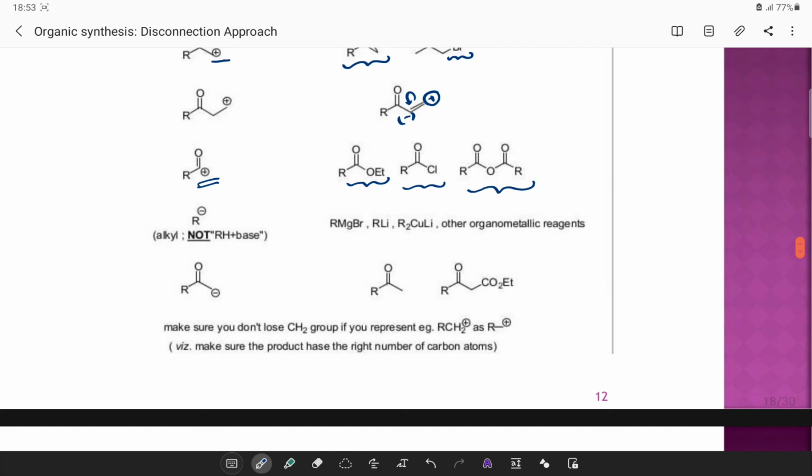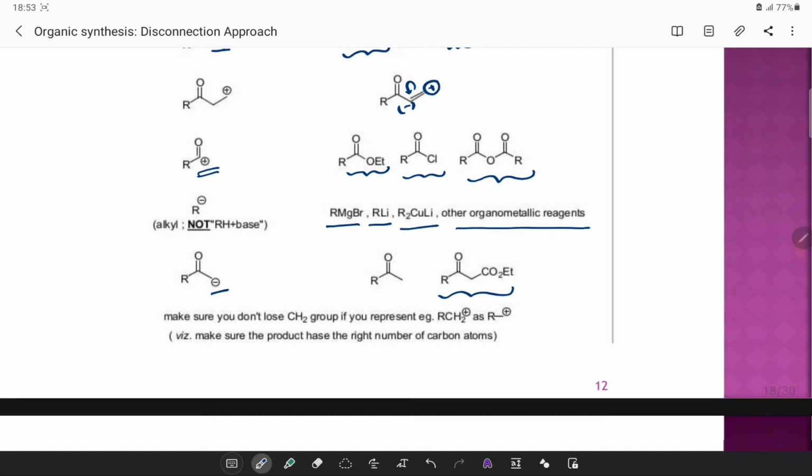Now, for example, if there is a negatively charged species, as we have just seen, it can come from a Grignard reagent, it can come from RLi, it can come from dialkyl copper lithium or any other type of organometallic reagent. If there is a negatively charged system adjacent to a carbonyl carbon, it can come from an ester type of species.